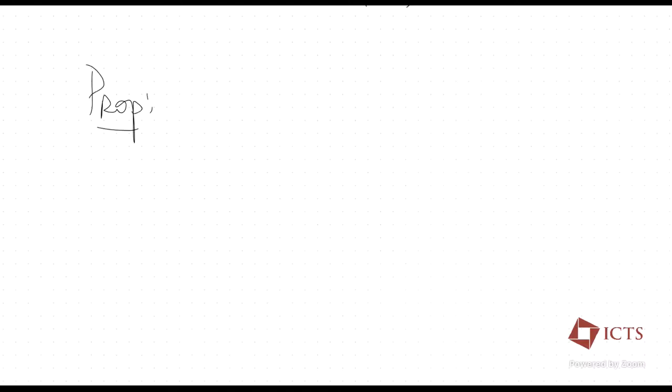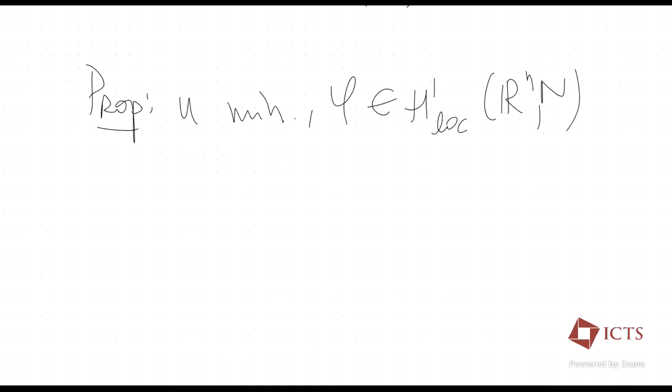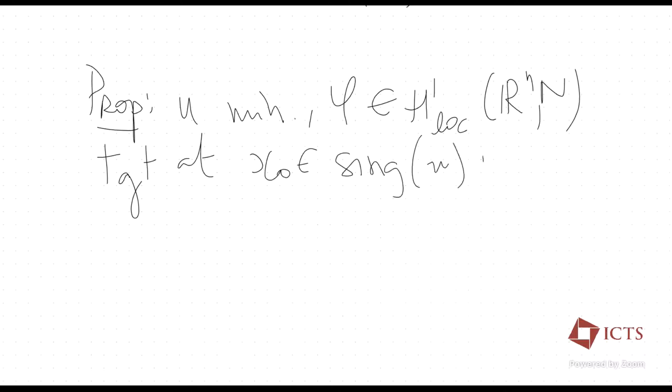So let's take a minimizing map, a minimizer of your problem. Let's take phi to be an H^1_loc map of R^n into N. This is your tangent map, a tangent map at x_0, which is a point of the singular set, a point where you are not continuous. Then you can prove the following.